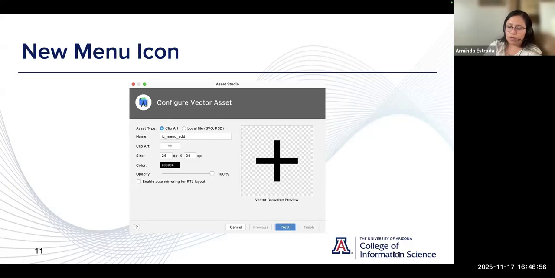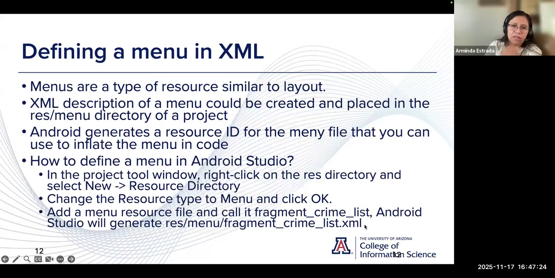I recommend SVG files, although you could also do a PSD, as SVG allows us to remove the background. It's a vector, so it's really nice. But you can also create your own icons if you'd like. As of right now, this is how I did it. Just clip art, click here, click on the menu item. I just scrolled down, found this one, added it, and then changed my color here. Click next, and then you have this.